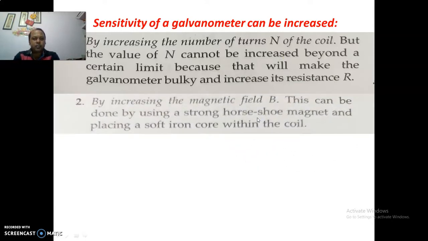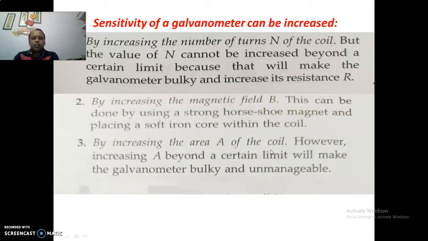Then we can increase the value of the applied magnetic field. By using a strong horseshoe magnet, we can actually increase the value of the applied magnetic field. Then we can increase the area of the coil.